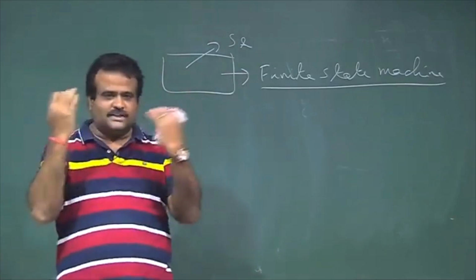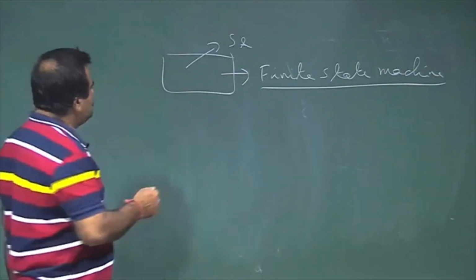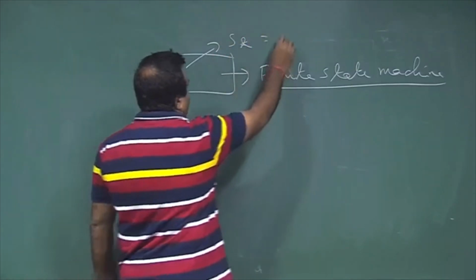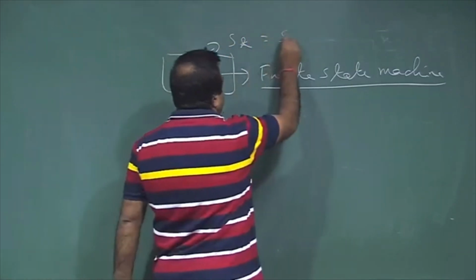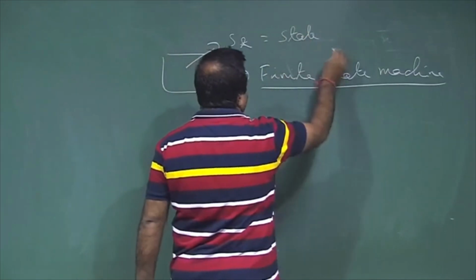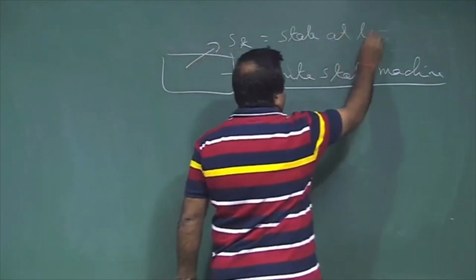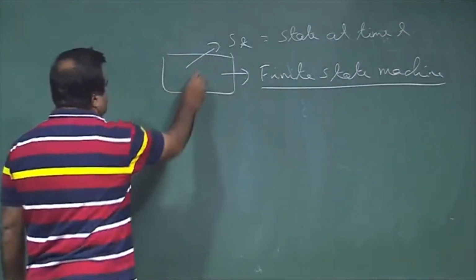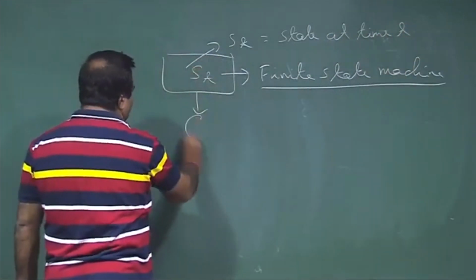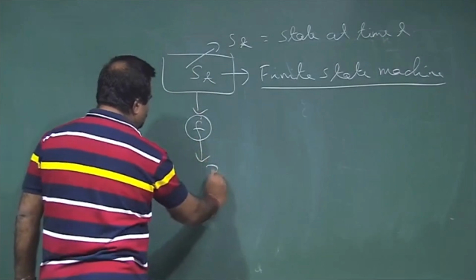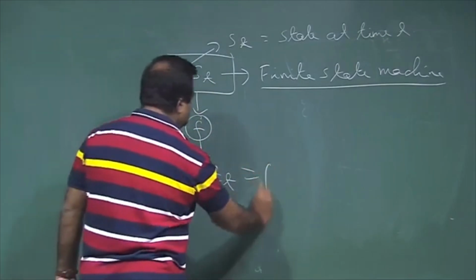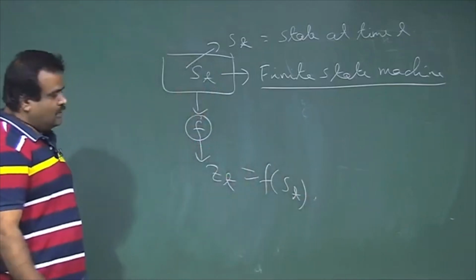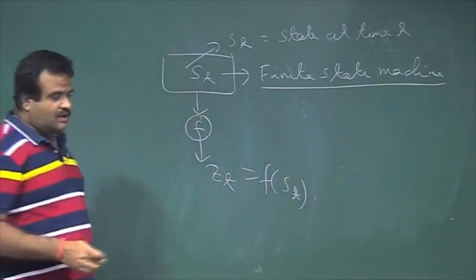So we have a finite state machine, and this is the state at time t, our st. Now it applies a function f, which gives us zt. So zt is basically f of st. This is the way we think about it.